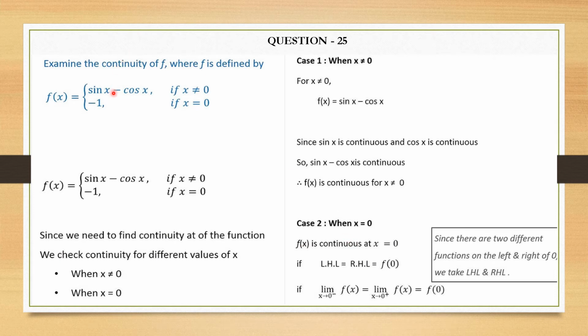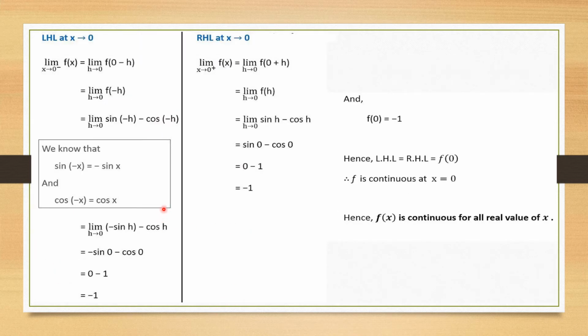So again, I'll apply LHL equal to RHL equal to f of 0. I could go for the right hand limit only, but let us check it both ways as I'm examining. For the left hand limit, it is f of minus h. So it is sine of minus h minus cos of minus h. It becomes minus sine h, as sine of minus theta is minus sine theta, and cos of minus h is plus cos h.